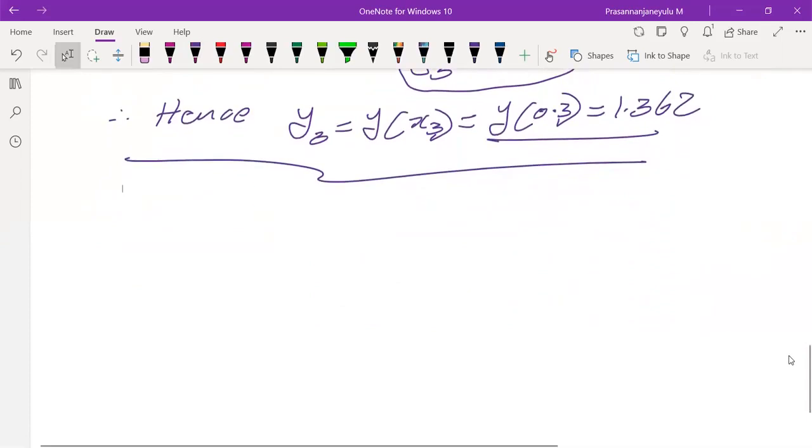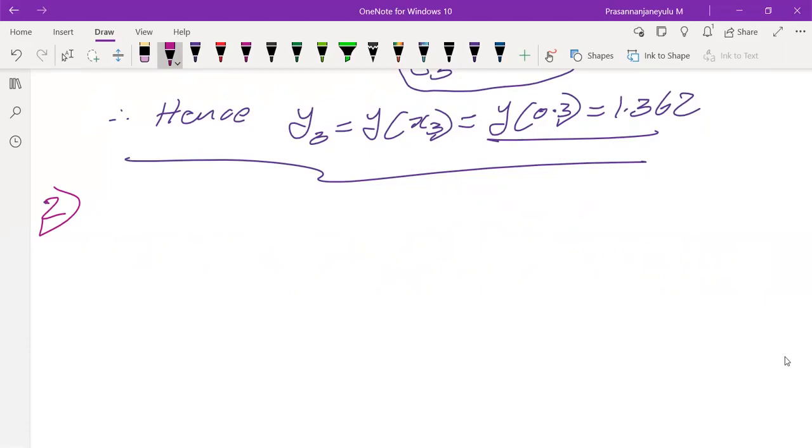Okay, so in the same manner, I'm giving you a problem for your practice. Sometimes they will ask to compare the solution of y of 0.3 value with the analytical solution. What we have to do, analytical solution is nothing but we have to do again the same process of ordinary differential equations and all. And after completion of that, we need to compare these values with the analytical solution values.